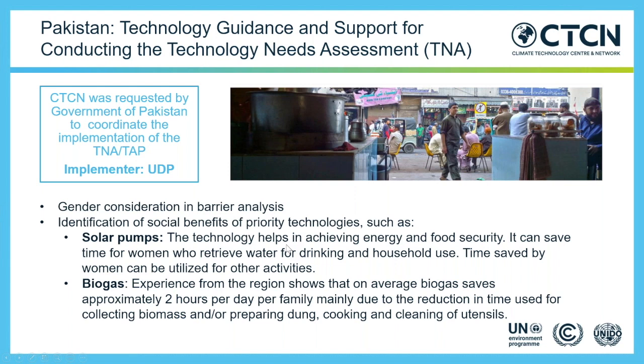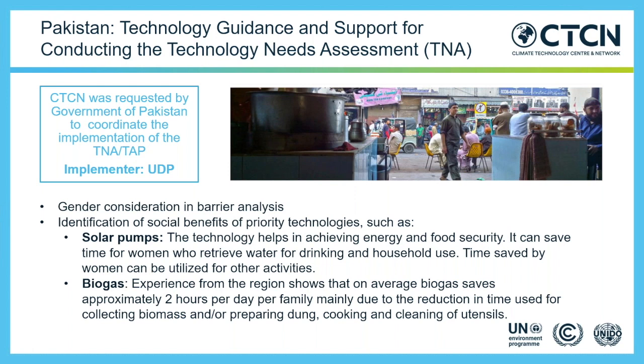So two examples that arose in this particular case were technologies that included solar pumps. So these have an obvious benefit in terms of achieving both energy and food security. But another factor is that because it's very often women who are retrieving water for drinking and household use, the use of these types of solar pumps could create a time savings where their time could then be utilized for other activities.